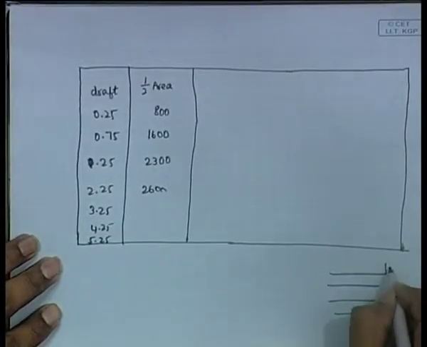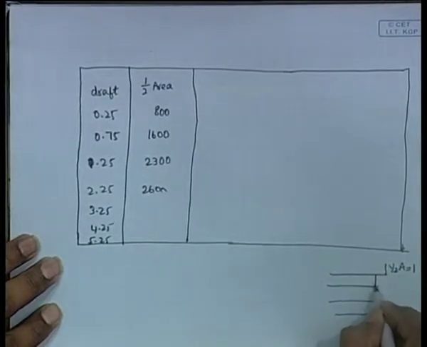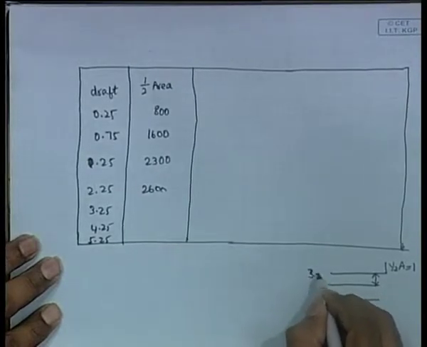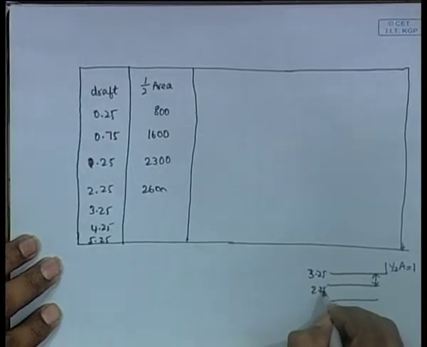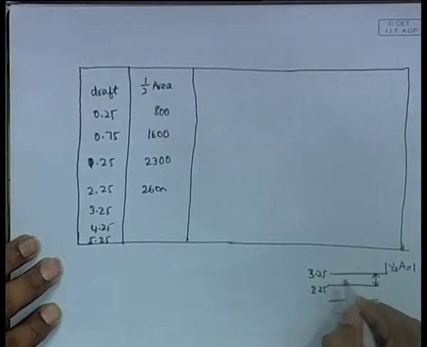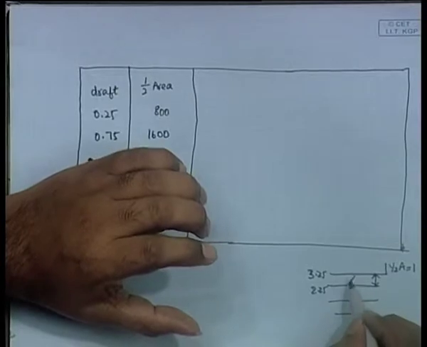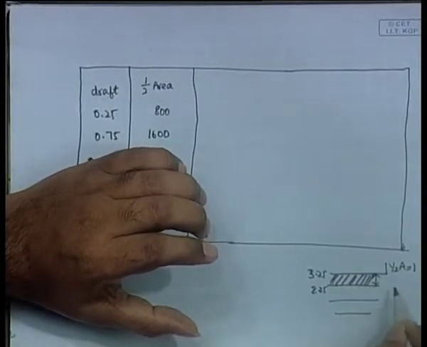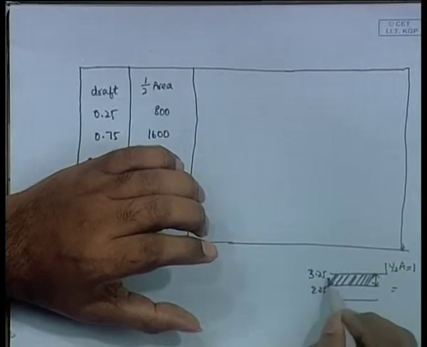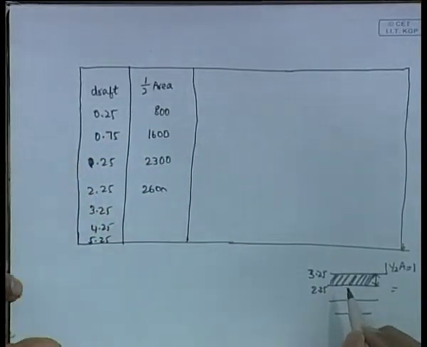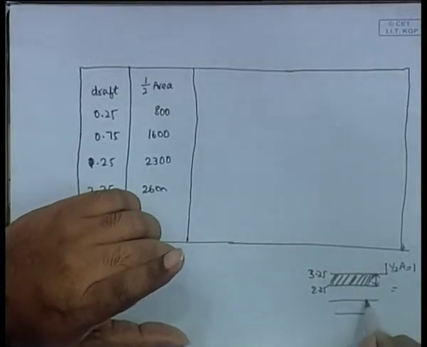So here let's say the half area is A1. Now I want to multiply it with this distance. This draft is, let's say, 3.25 and this is 2.25. So for the region from 2.25 to 3.25, this volume will be given by this area into this distance, multiplied by a Simpson's multiplier, which is always there.